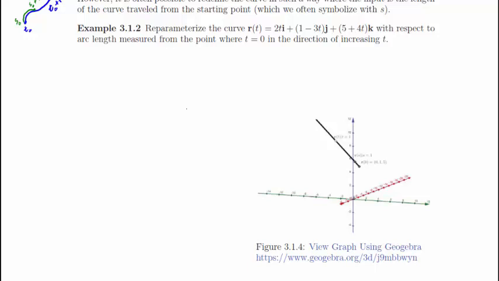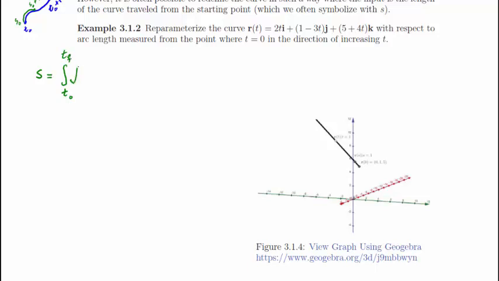So to do this, first we need to know the arc length, s, from some starting time position, which will correspond to s naught in a minute, to some final time position.